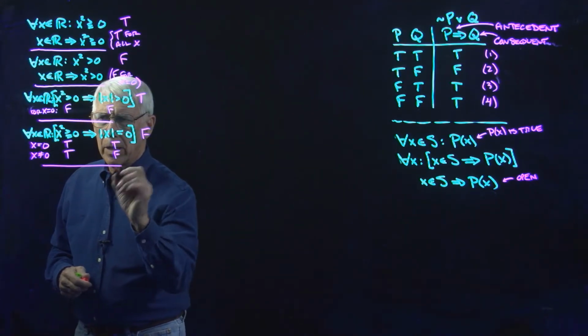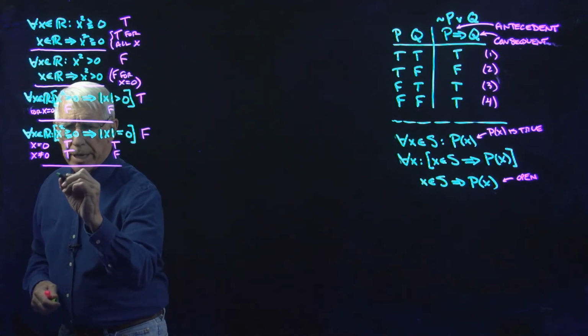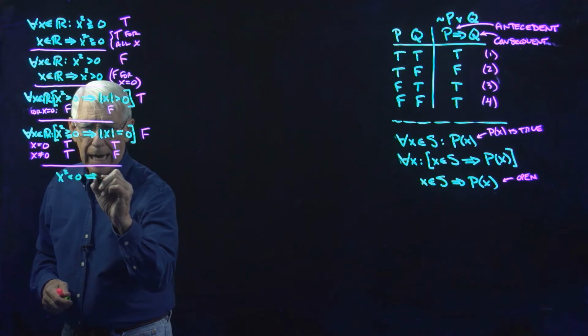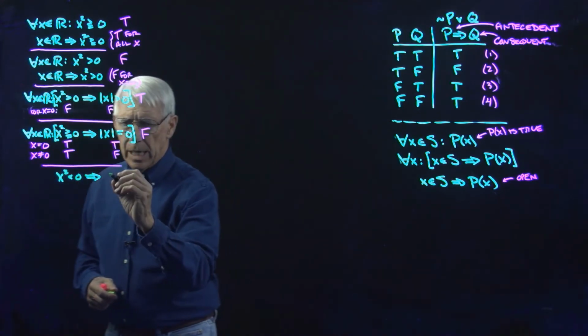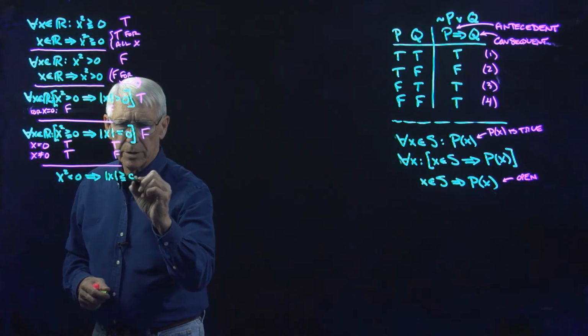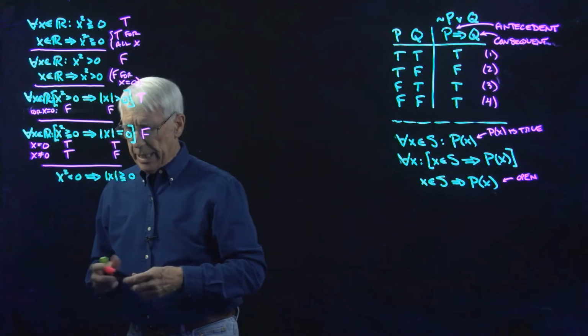Now say x squared less than 0 implies that absolute value of x is greater than or equal to 0.